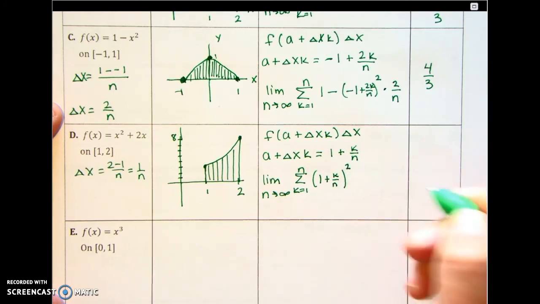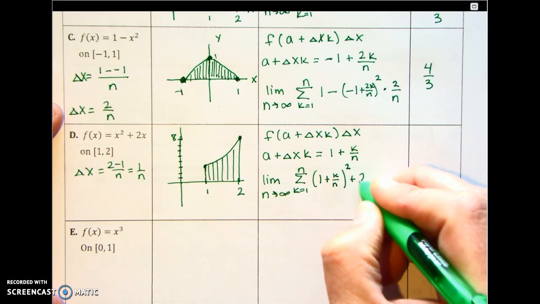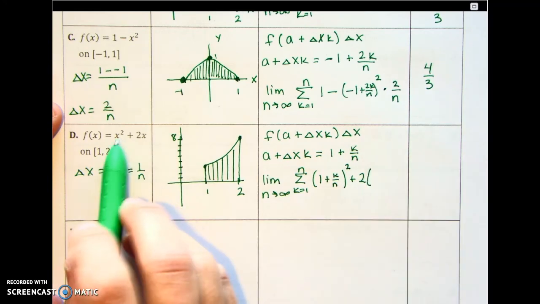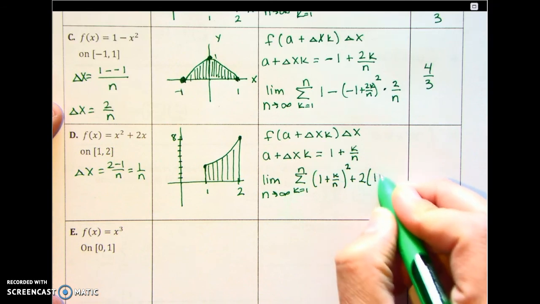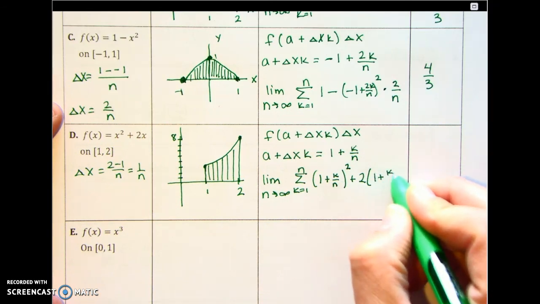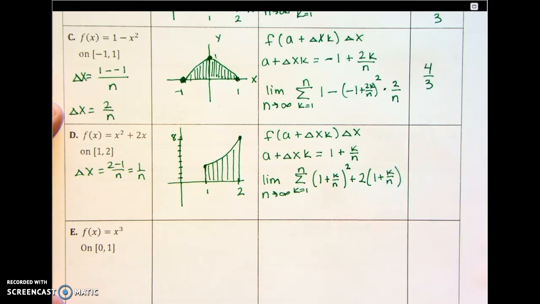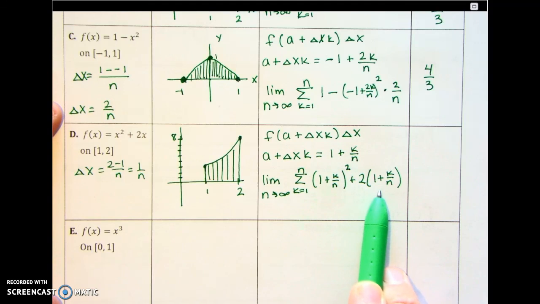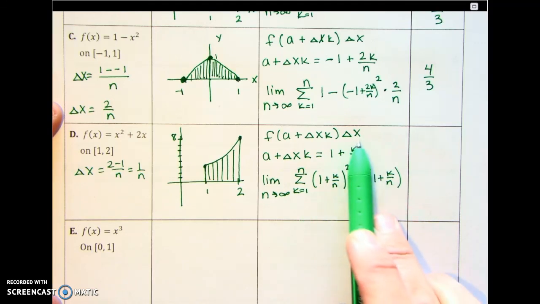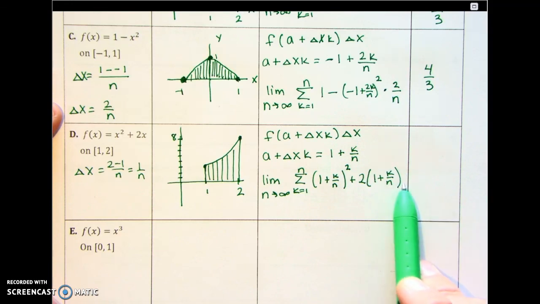X squared plus 2x. What? See how I have 2 x's? What does that mean? You got to plug it in twice. Okay. Shoot, I'm not going to have enough room. Okay, that's my f of x. Do you agree? X squared plus 2x. Yes. But then I need to multiply all of that by delta x. I only have a little bit of room left.